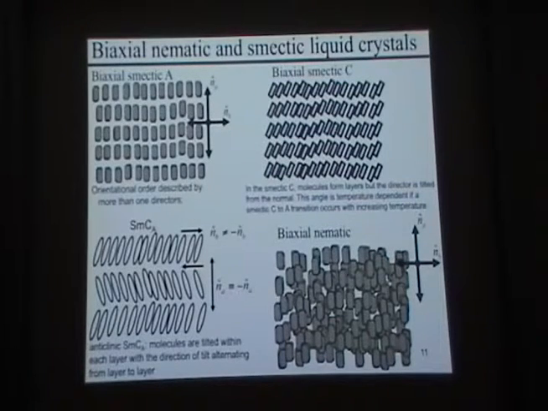Now, just to give you an insight on what other distinct type of phases could be formed, from the optical standpoint, we could have uniaxial liquid crystals or biaxial liquid crystals, right?